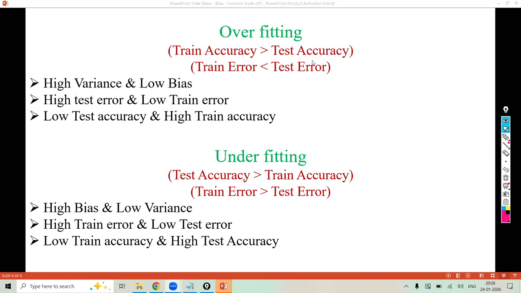So here the point is very simple, guys. We require both of them. I don't want only your train accuracy, and I don't want only your test accuracy. I want both. I don't want to simply explain the subject; I want to make you a professional also. I don't want students to blindly write programs.